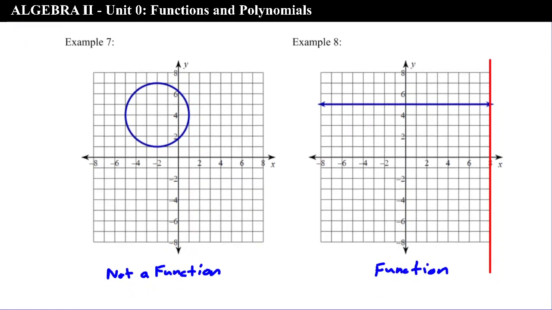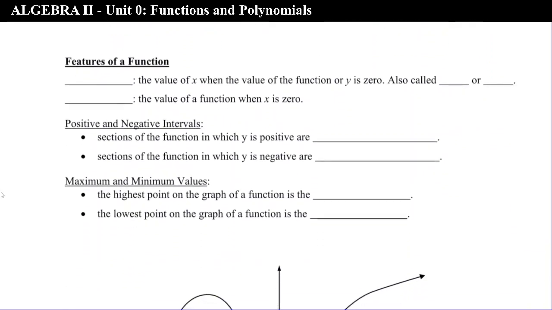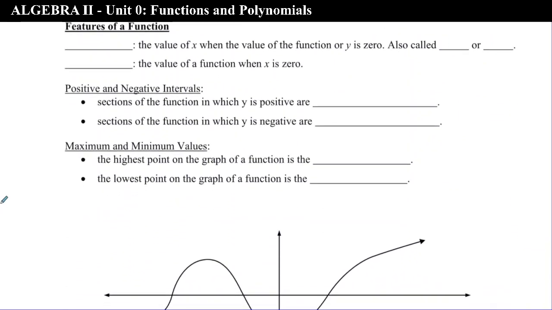Now that we know how to identify a function, let's talk about some features of a function. The first key feature I want to bring up is your x-intercept. Your x-intercept is the value of x when the value of the function, y, is 0. So when you have y equaling 0, your value of x is an x-intercept because you are along the x-axis.